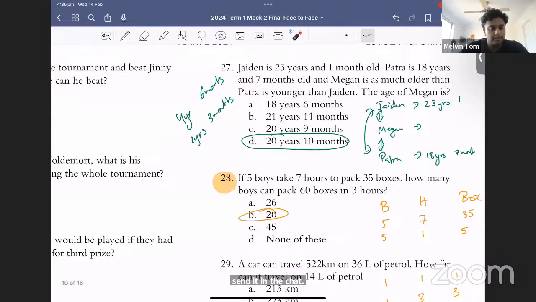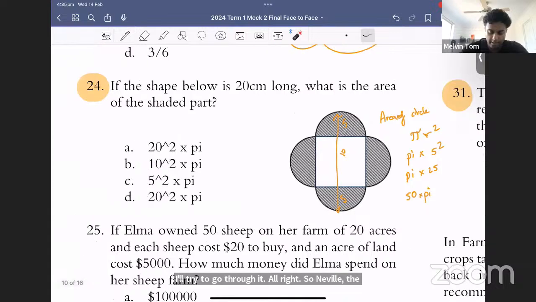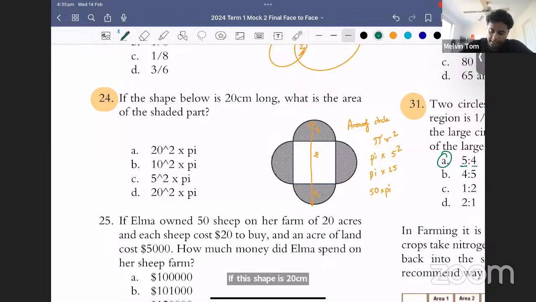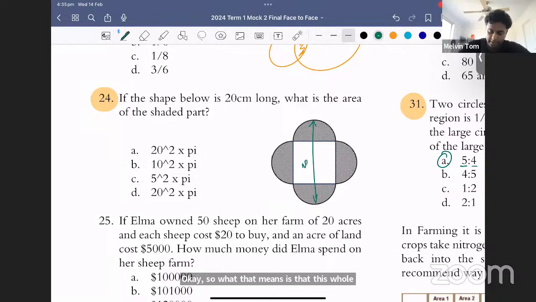All right. So Naveen, question number 24. Sorry for the delay. If this shape is 20 centimeters long, what is the area of the shaded shape? So let me rub it out. Okay. So what that means is that this whole shape, this total distance, is 20 centimeters.